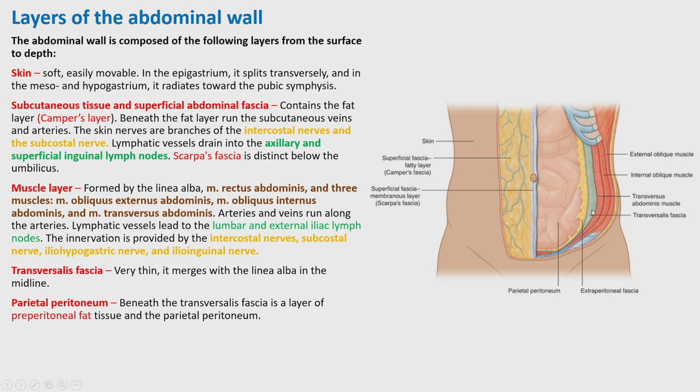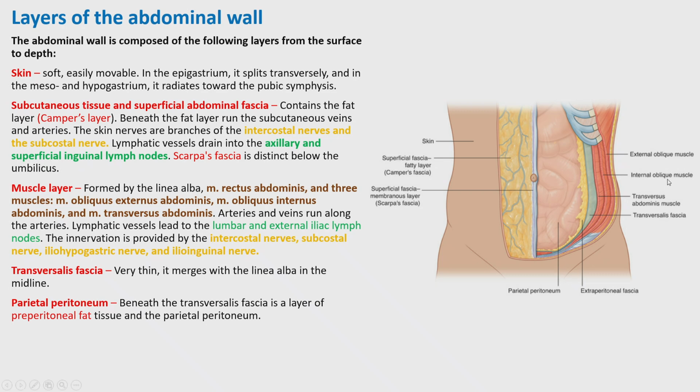And then after that, there is some extraperitoneal fatty tissue or fascia located, and then you reach the parietal peritoneum. And if you cut this part, then you are entering the peritoneal cavity of the abdomen.